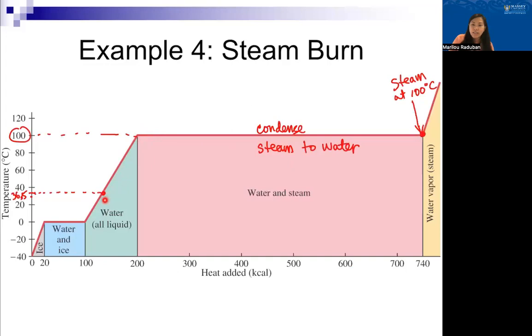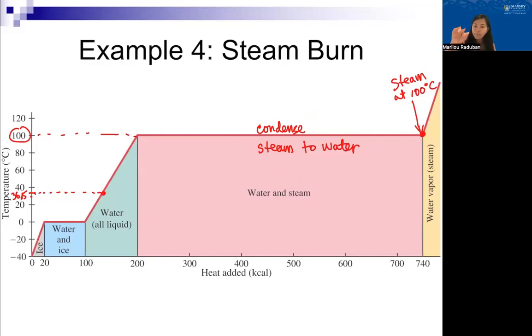So it's not as simple as just going 100 degrees Celsius minus 36.5 degrees Celsius and using Q equals mc delta T, because you also have to consider this phase change of steam converting to water before you consider the change in temperature.